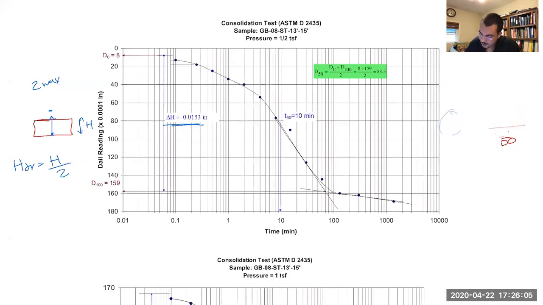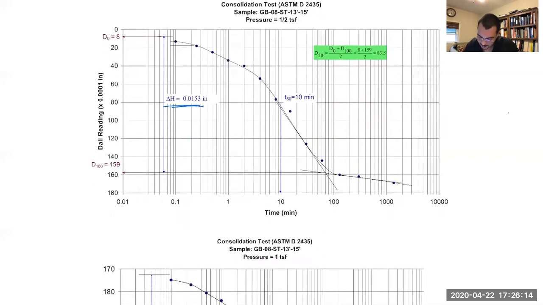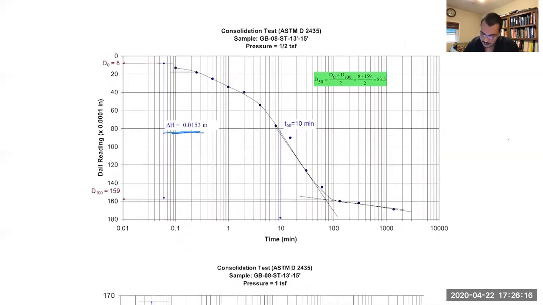Now, if we go back and quickly review Casagrande's method, basically, first off, you select a time somewhere on this left side of the screen, where less than 60% of the total consolidation has taken place.